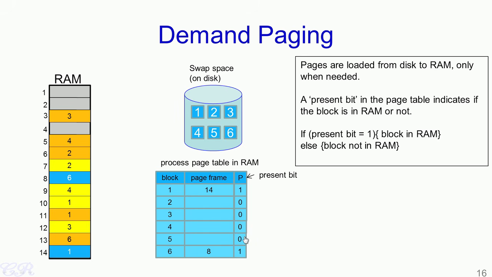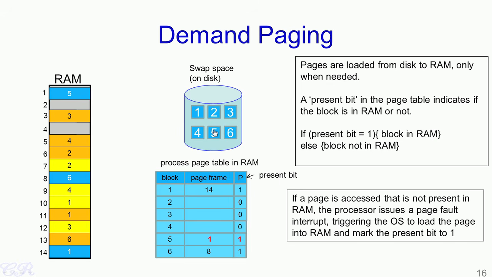This would result in something known as a page fault trap, also called the page fault interrupt. The page fault interrupt would then trigger the operating system to execute. The operating system will then detect that this was a page fault interrupt, determine the cause of this page fault interrupt, and load the corresponding page from the disk into RAM.